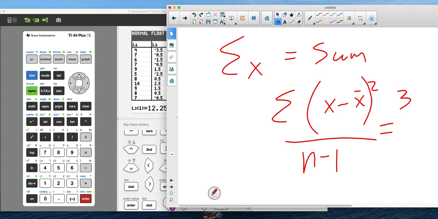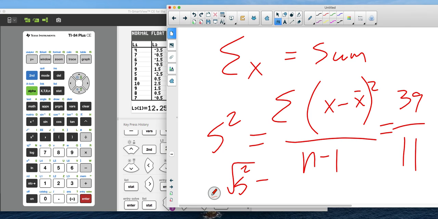Well, we just got 39 divided by 11. So this would give you s squared. And then to find s, you just take the square root of s squared. So we did that all by hand.